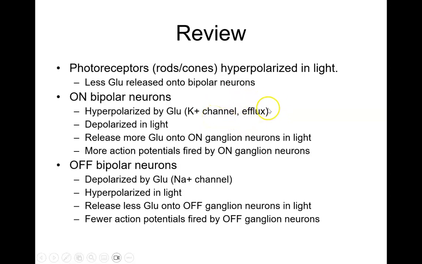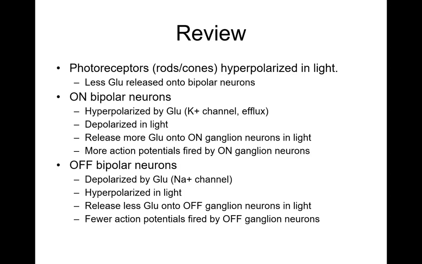As a result, potassium leaves the cell and takes all of that positive charge with it. They're depolarized in the light. They are going to release more glutamate onto on-ganglion cells in the light. And as a result, the on-ganglion cells are going to get more action potentials. With off-bipolar neurons, they're depolarized by glutamate.